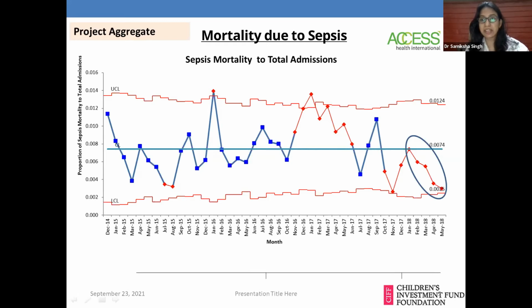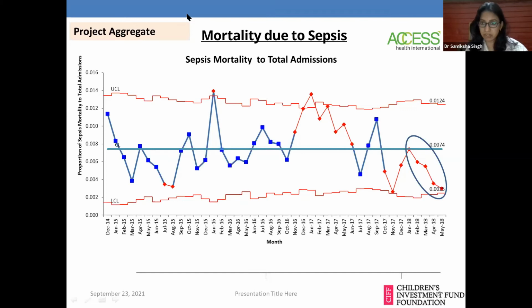How do we calculate incidences and prevalences on a regular basis and plot them? I just want to give you an example from one of the projects which we analyzed and evaluated. This is an overall project aggregate. In project hospitals, in fact project SNCUs, they looked at previous records and looked at the admission sepsis mortality to total admission.